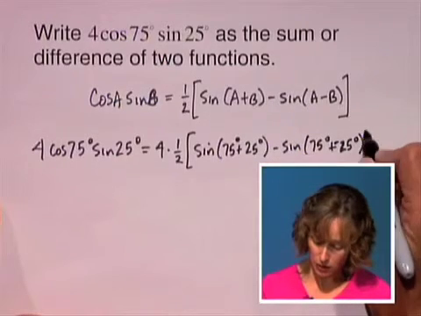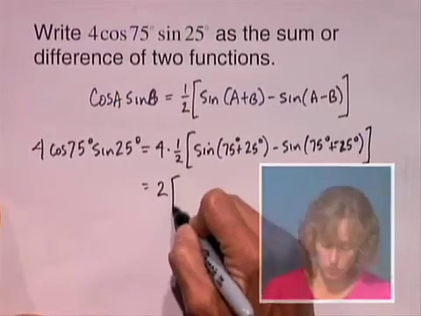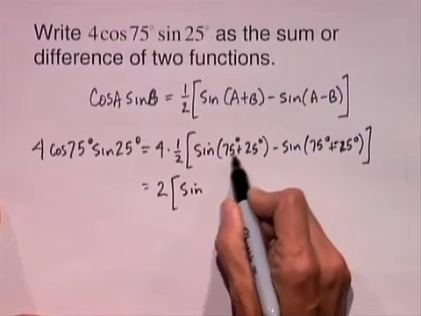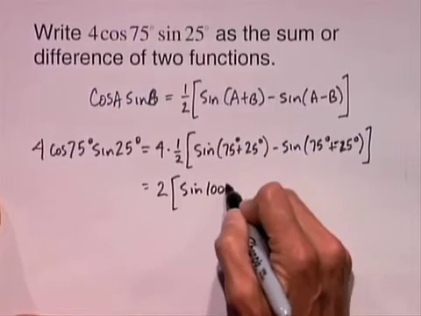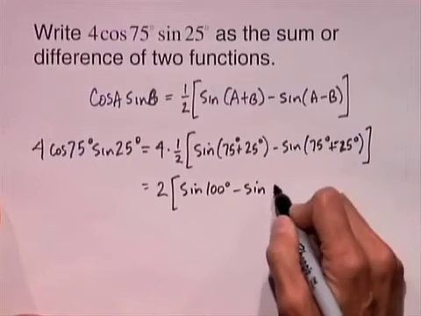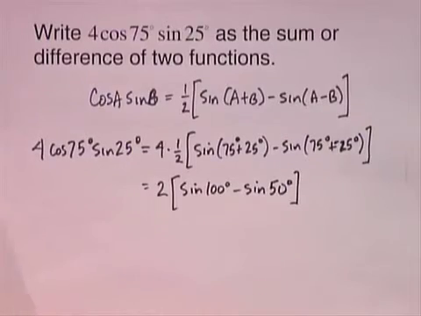That's a negative right there. Continuing, 4 times 1/2 is 2, and this is going to be the sine of 75 plus 25, which is 100 degrees, minus the sine of 75 minus 25, which is 50 degrees. And I'll stop at that point.